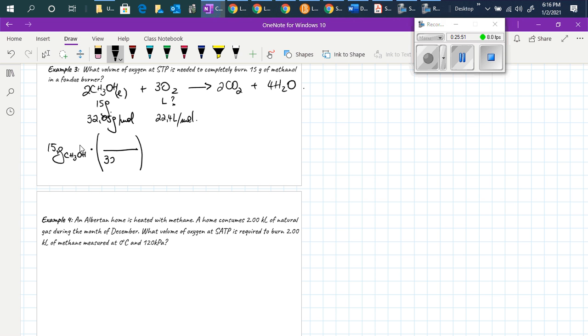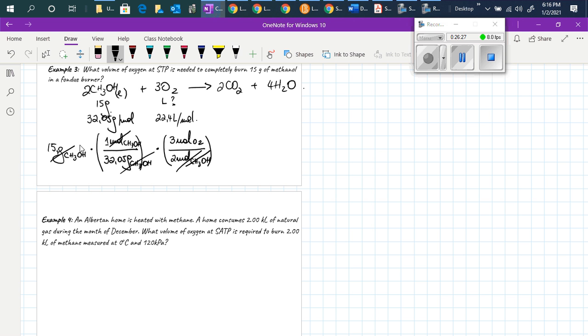So 32.05 grams of CH3OH is 1 mole of CH3OH. So grams and grams are cancelled out. We'll move now to the moles of unknown, and we'll use the molar ratio. So 2 moles of CH3OH is 3 moles of oxygen.